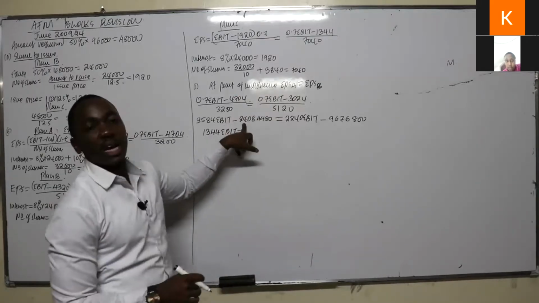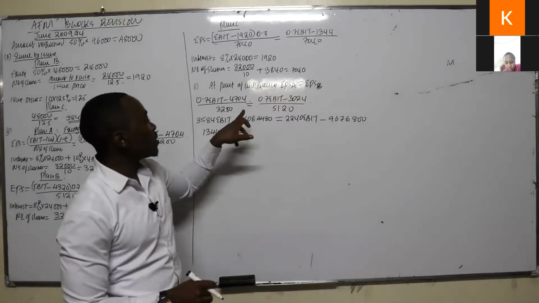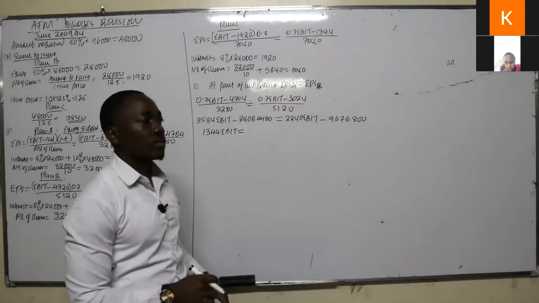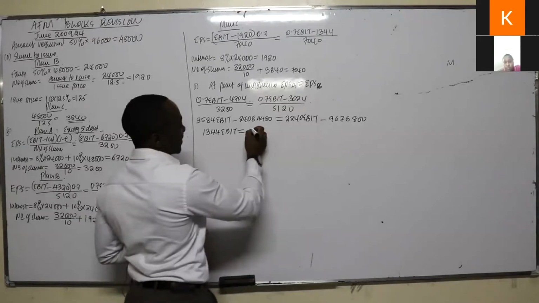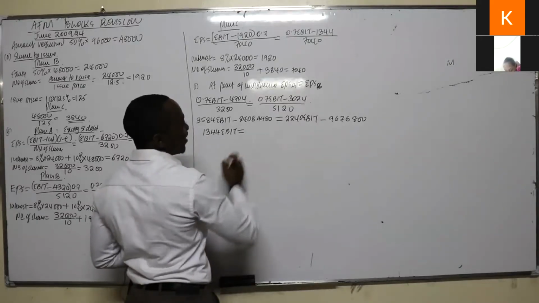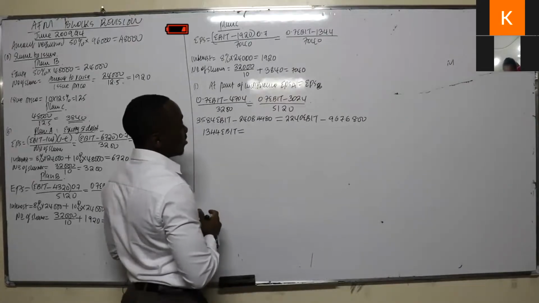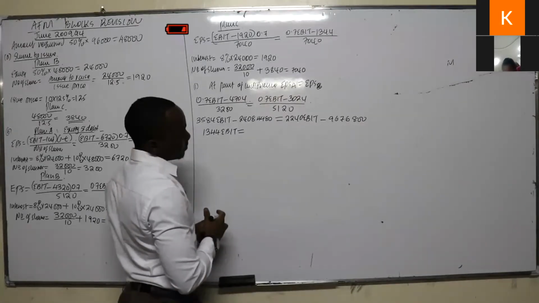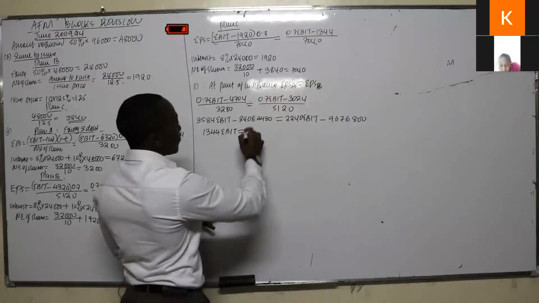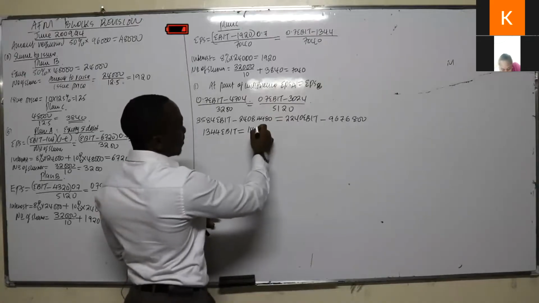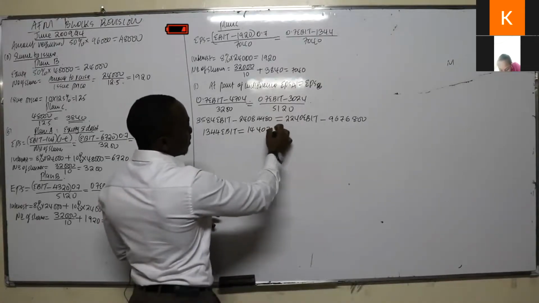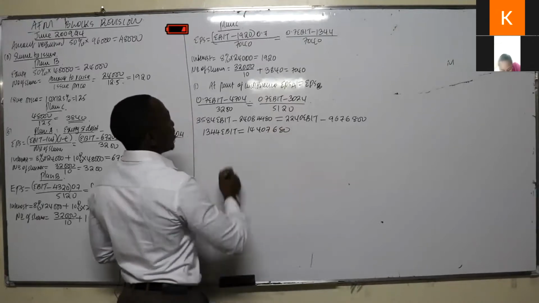This one becomes positive, right? So 2408. You get? Now give me EBIT.